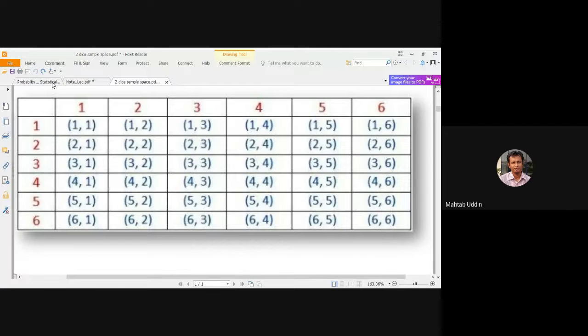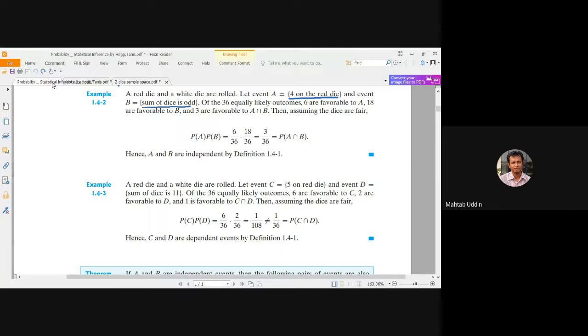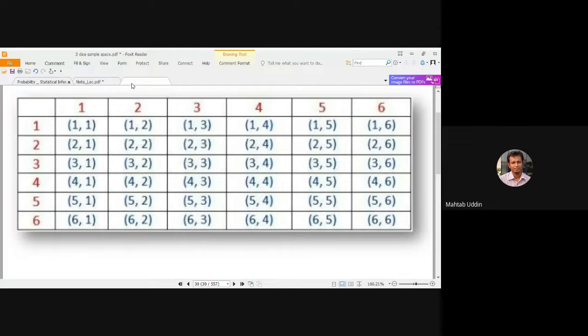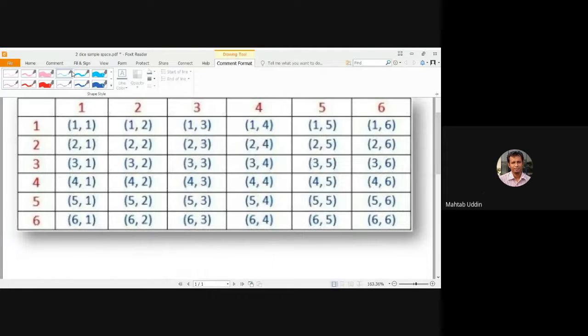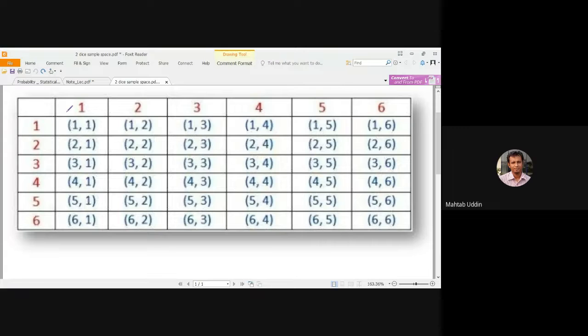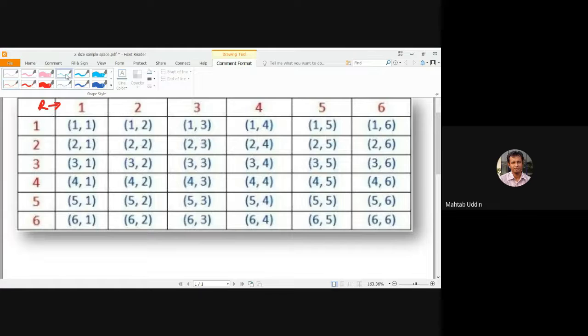Red and white. White color is not possible here, so I am showing red and blue. We don't have white color, okay? So I am taking red in this direction, and blue in this direction.